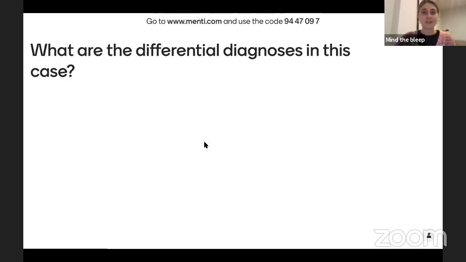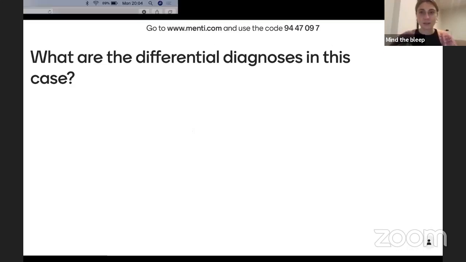I'll give you a bit of time, but when you do log in, please answer the question so I can see that you've logged on. Tell me what the differential diagnoses are in this case. So again, the website is www.menti.com. I'll give you a couple of minutes to log in and let me check if there are no issues.